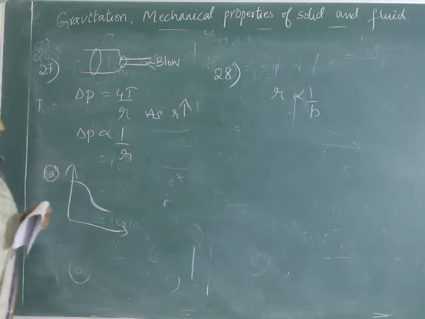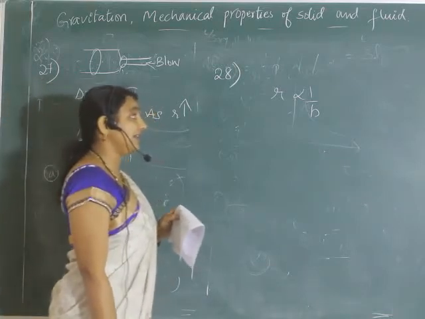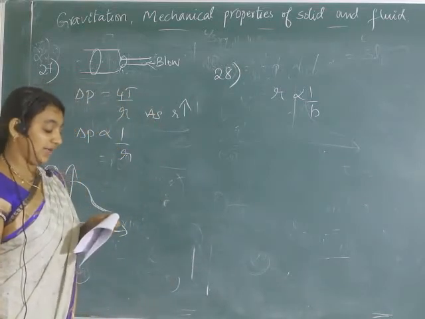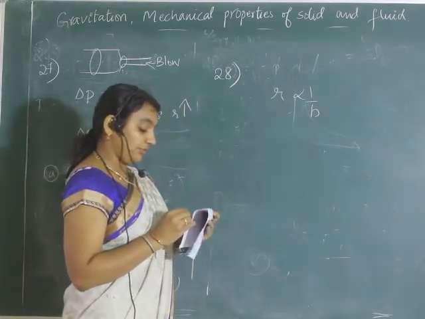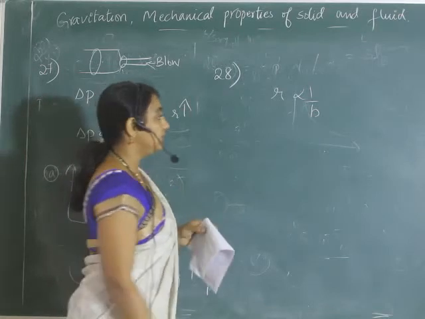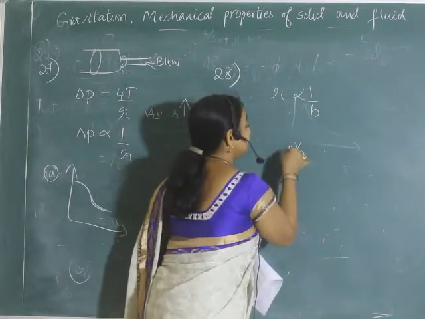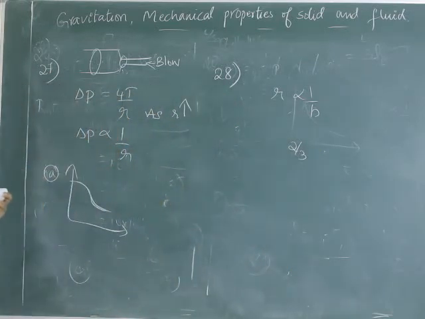As the height increases, radius decreases, or as the radius increases, the height of the liquid rising in the capillary will decrease. Can you help me with the ratio of their diameters?